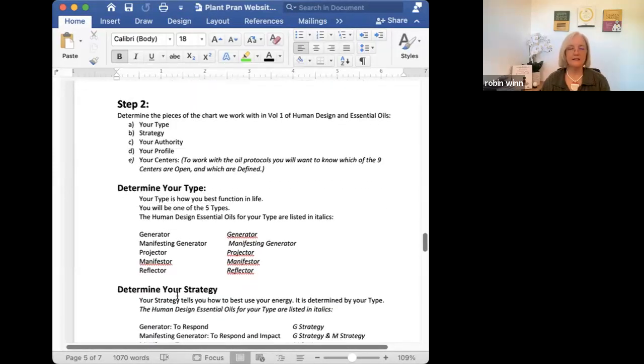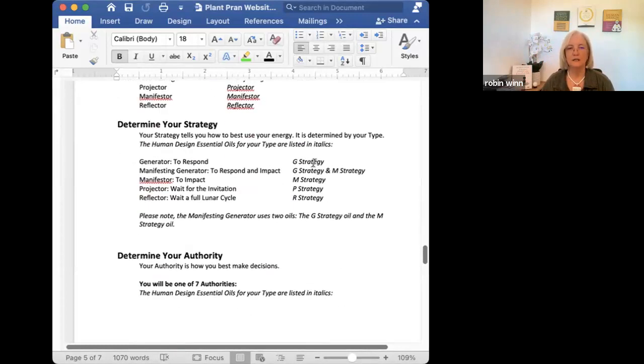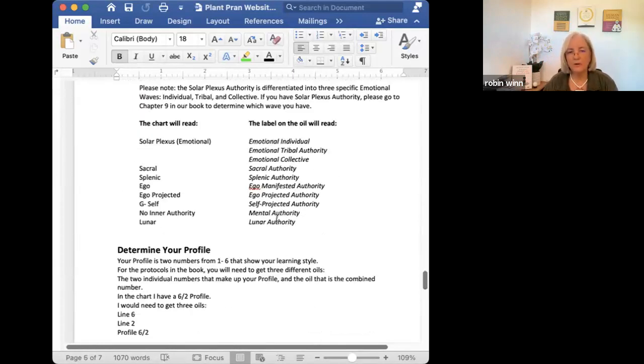All right, so that's kind of laying it out. You're going to determine the pieces of the chart that we're going to work with, and you're going to determine your oils. Here are the oils, depending on your strategy and your type. Here are the names of the oils for your authority. If you're using a different chart system than the one I posted in the chat, it might say different things here.